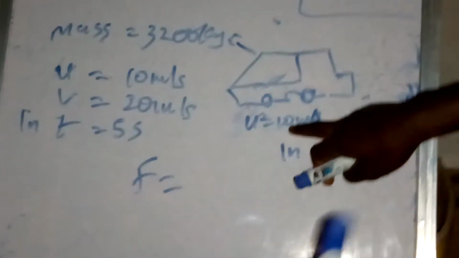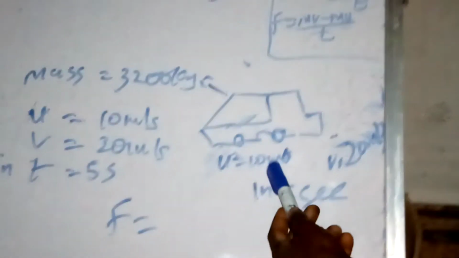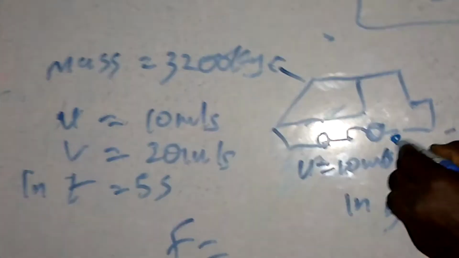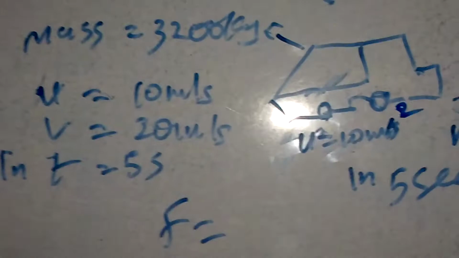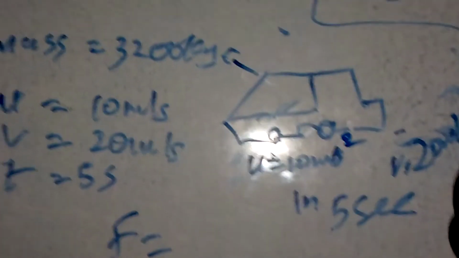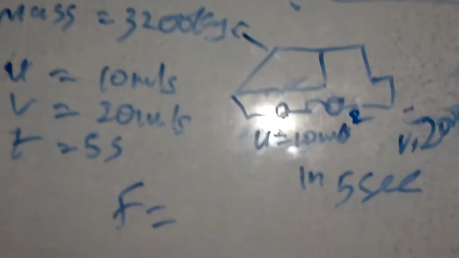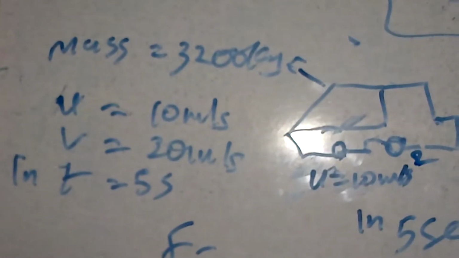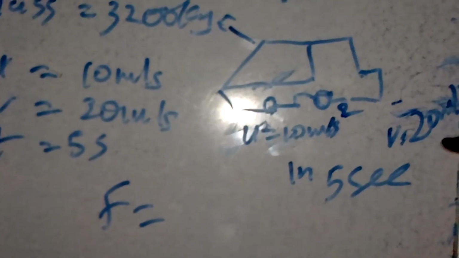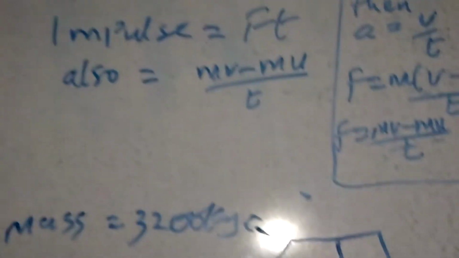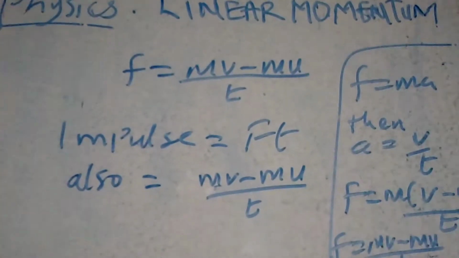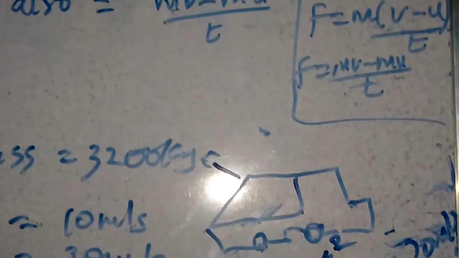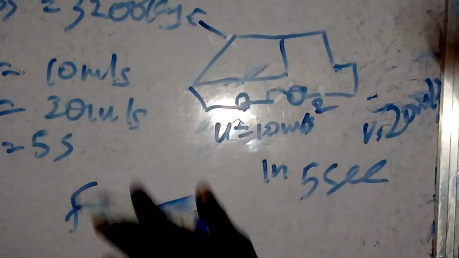Now there is another force in the engine that increases the speed from 10 meters per second to 20 meters per second. So we need this formula because there is a change in velocity.